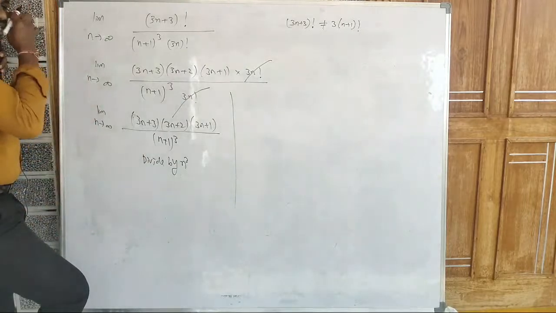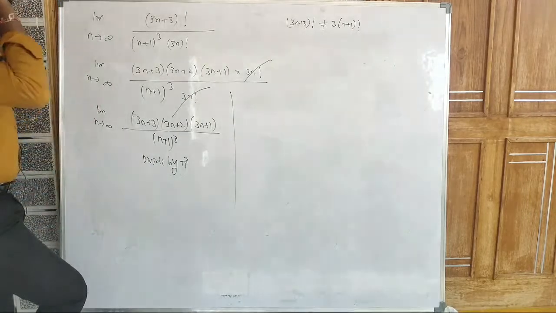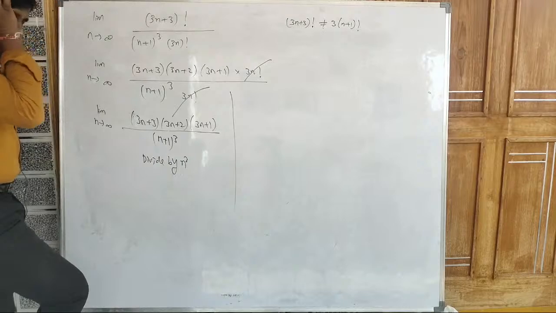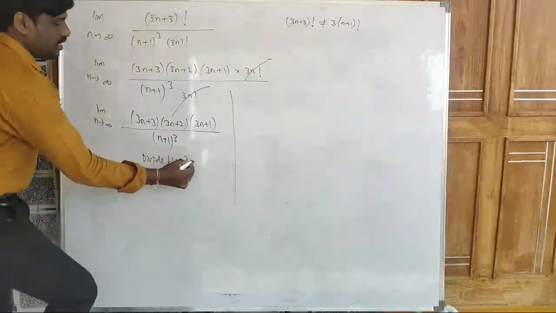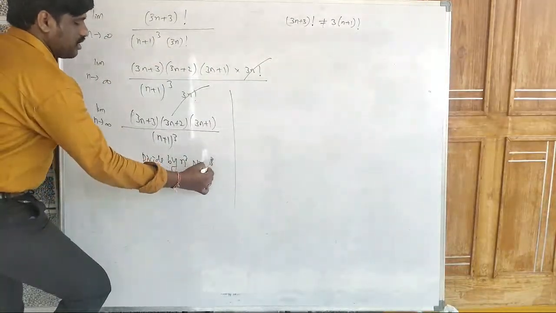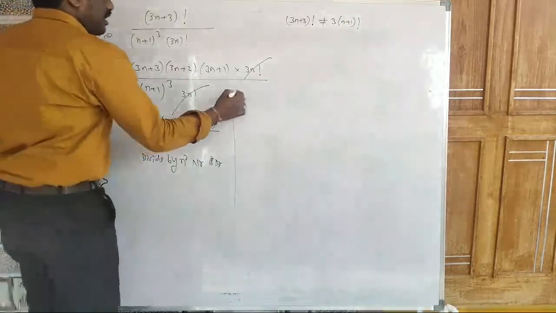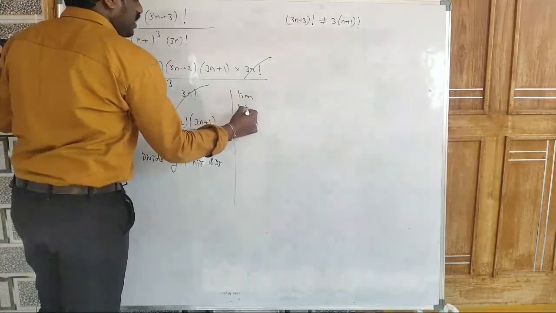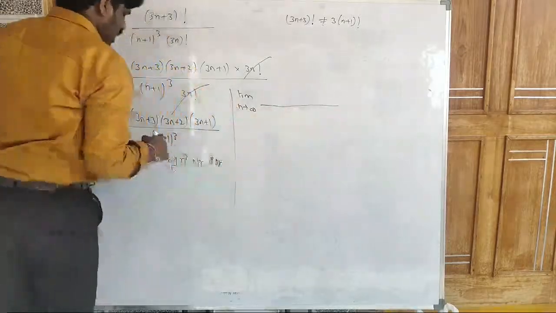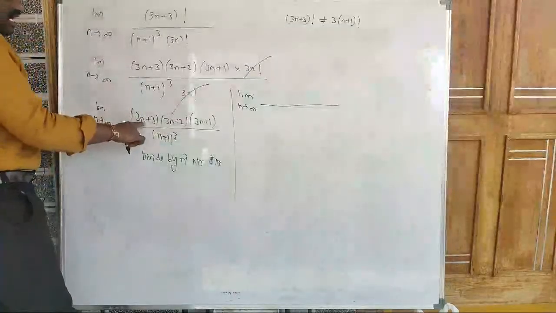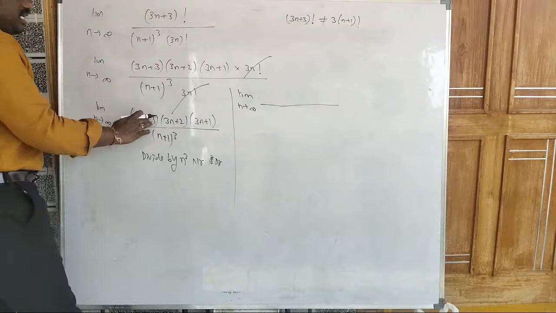So I told you yesterday that the highest power should be divided in the numerator and denominator. So divide by n cube in the numerator and denominator. So what I get here is the limit as n tends to infinity. I am dividing by n cube, so I give n separately to each term.